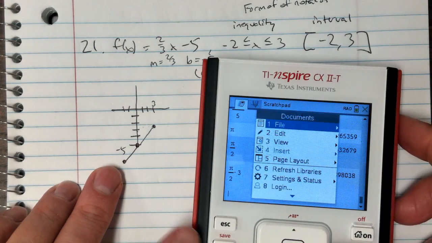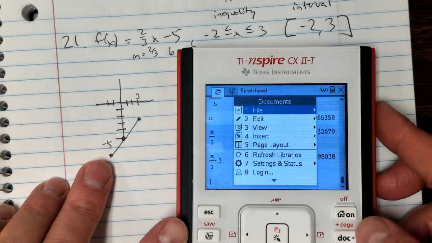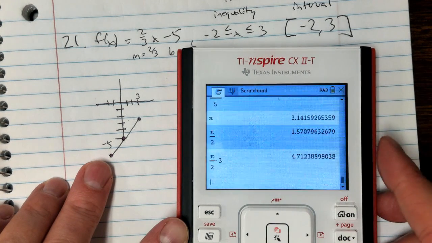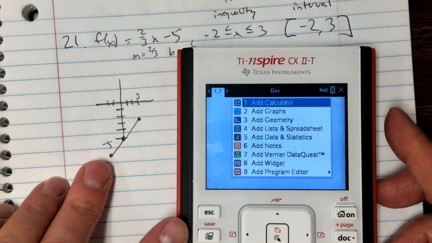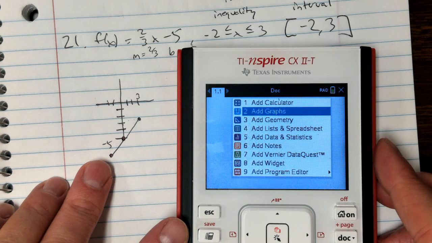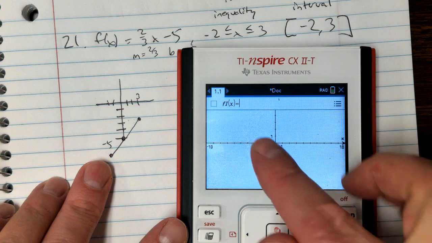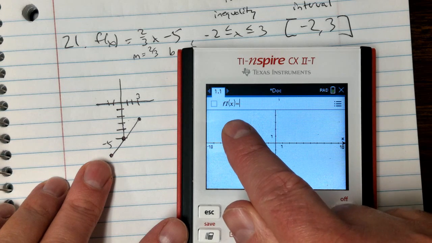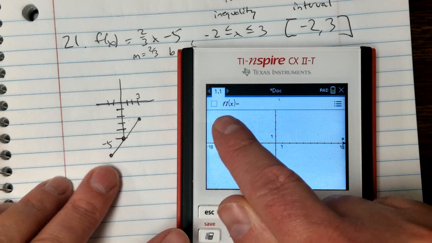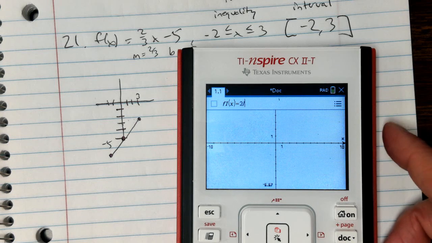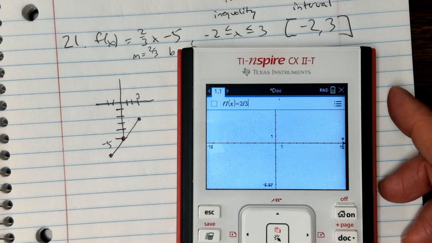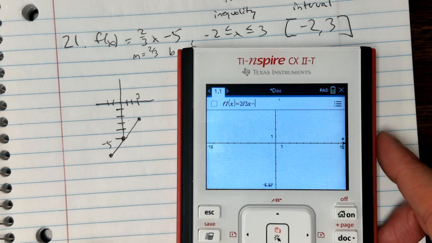Of course, if you wanted to go again to doc, and then we want to do new document, and add graph. This is where, remember, you had the y equal button, but now it's F1. So you say F1 of x equal 2/3 x minus 5.